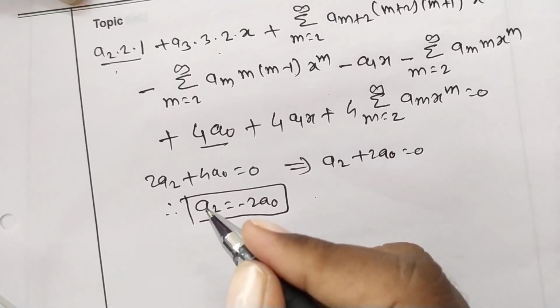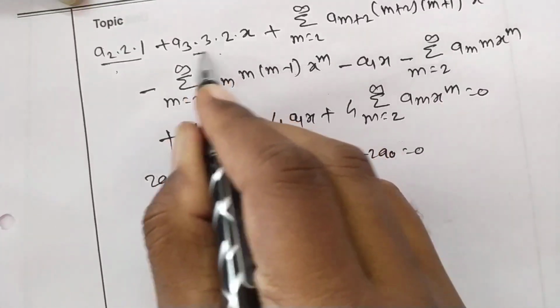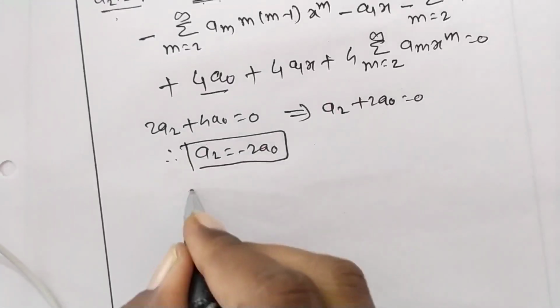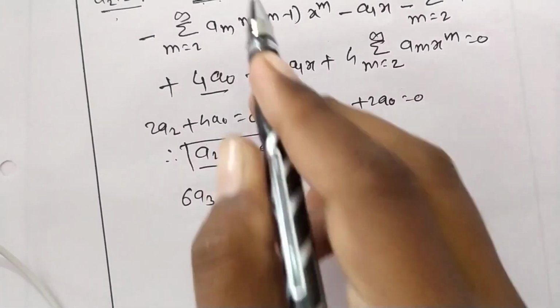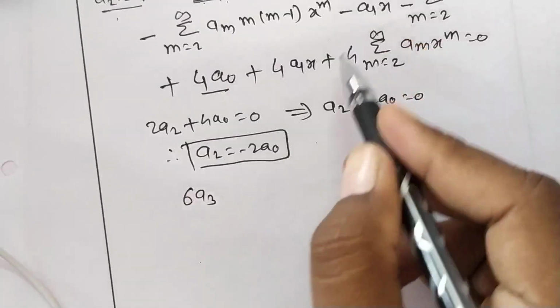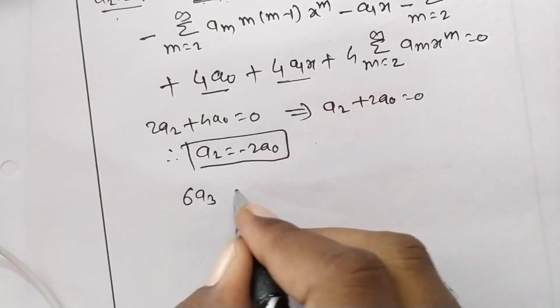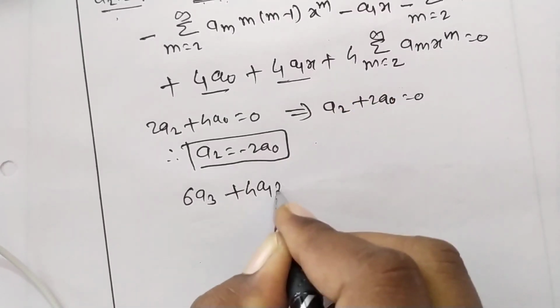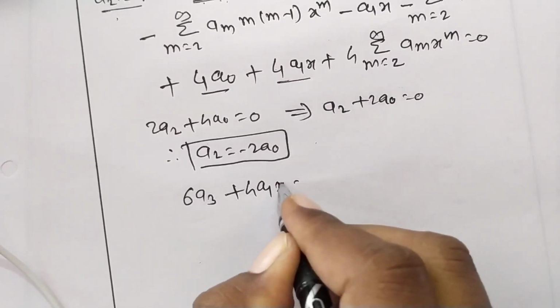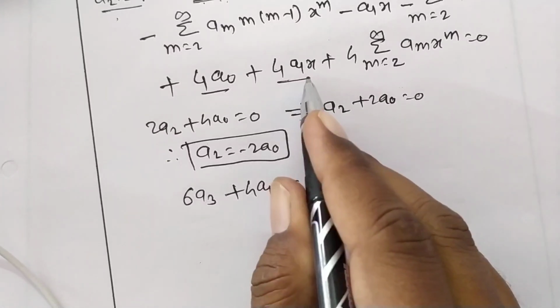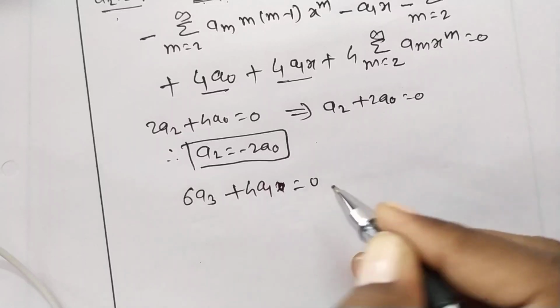Then the next one is to equate the coefficient of x. So here this 3 into 2 is 6. 6a3 is the coefficient of x here. Then next one is plus 4a1 x, only plus 4a1, the coefficient of x is 4a1, equate with 0.